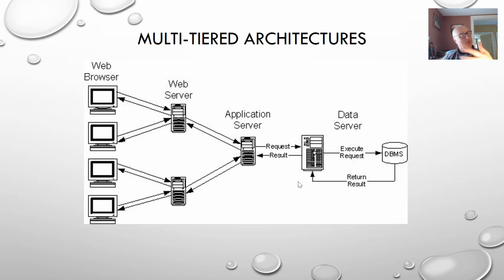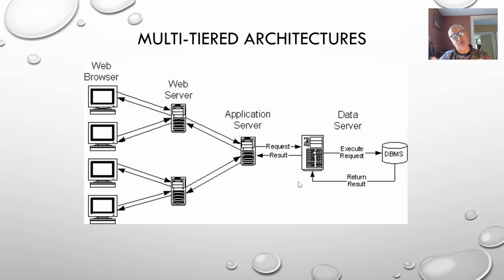Request comes in from the web server. It gets reformatted and sent on to the business logic server, which breaks it up into a number of queries that go against our multiple databases. The multiple databases respond to those queries.